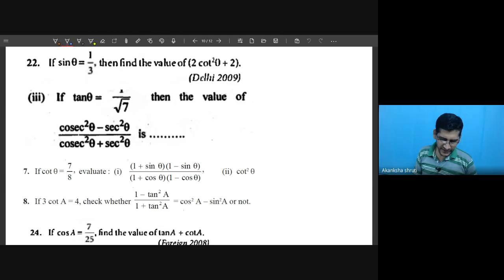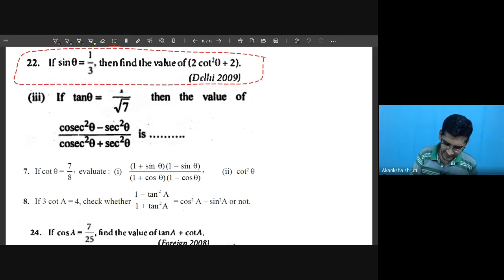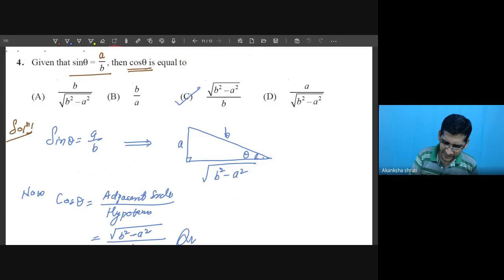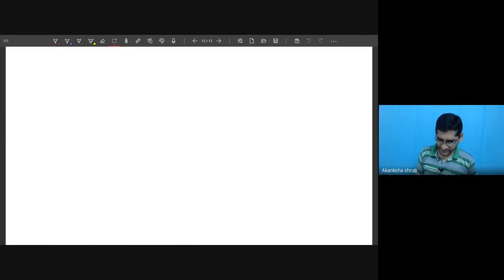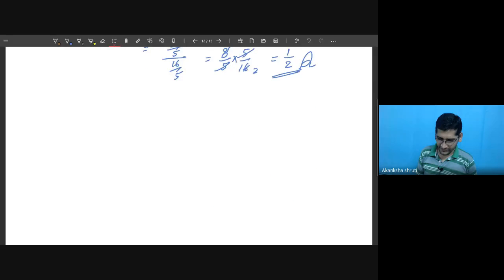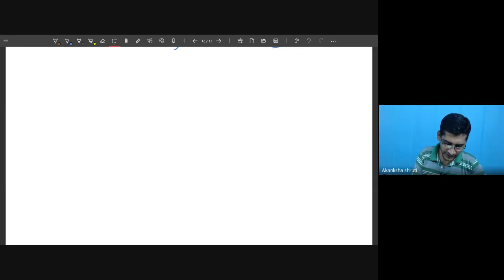Student, now let us go for this one. But here one notable point is that we have to keep in mind. Many a time students are committing mistakes.